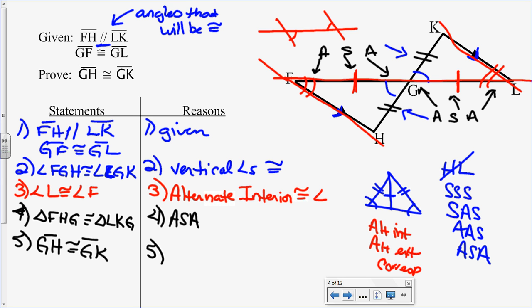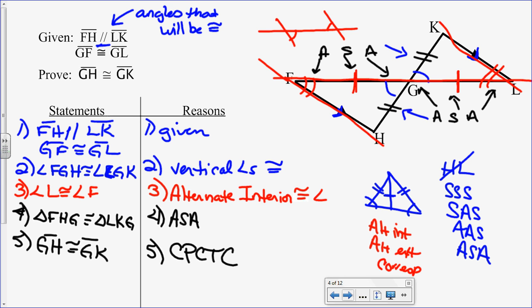So we spent our time figuring out that these two triangles are congruent. So why are the individual parts of those triangles congruent? CPCTC. Corresponding parts of congruent triangles are congruent. Okay?